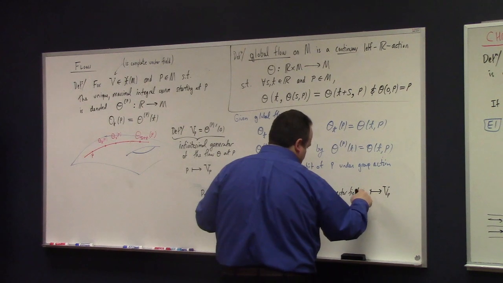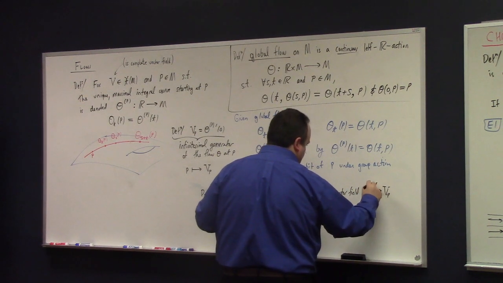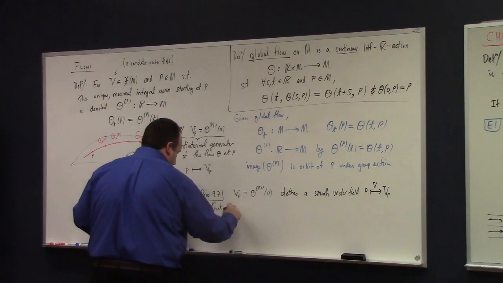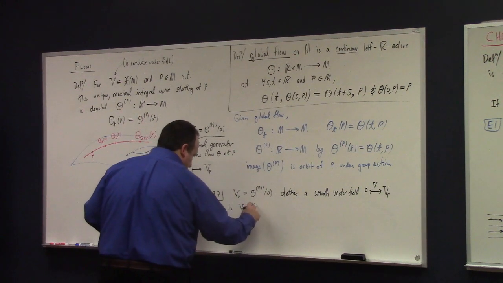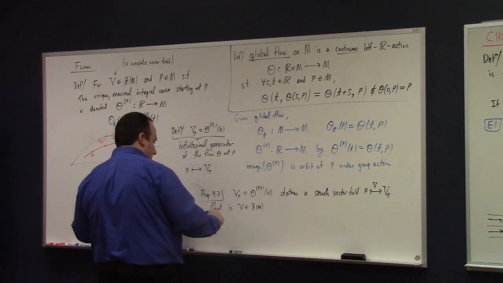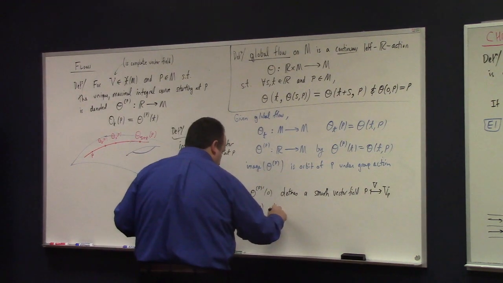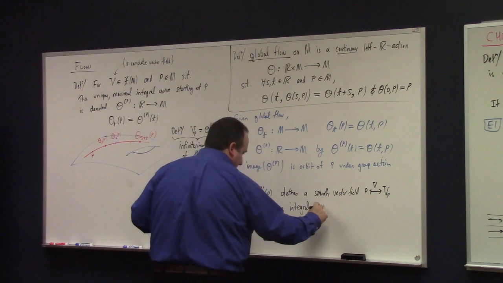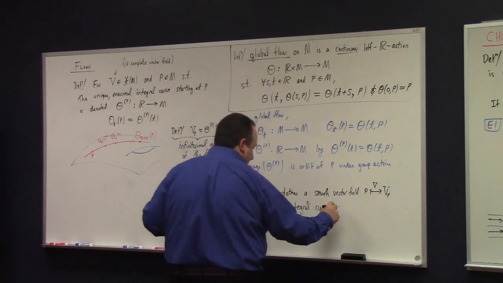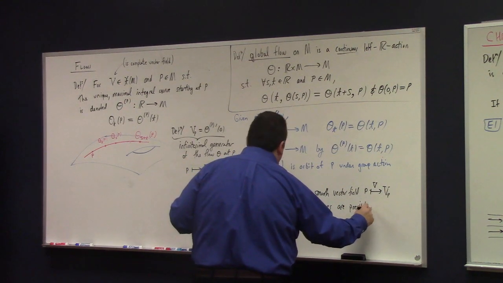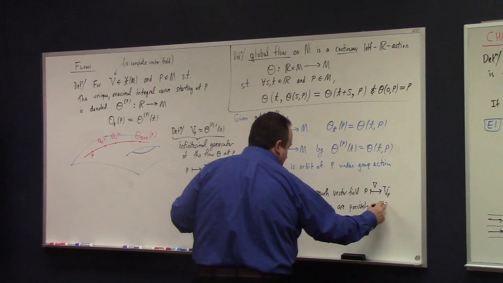Let's call that vector field V. So V is a smooth vector field on M whose integral curves are precisely the orbits of the flow.